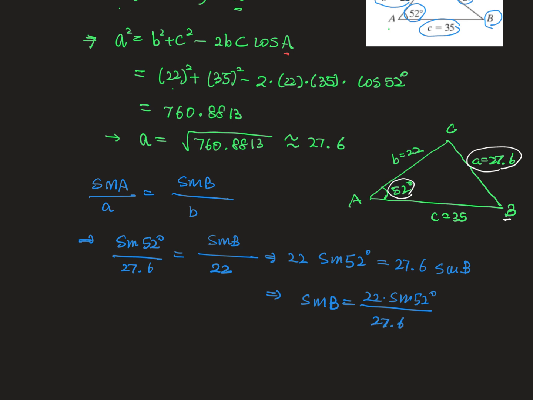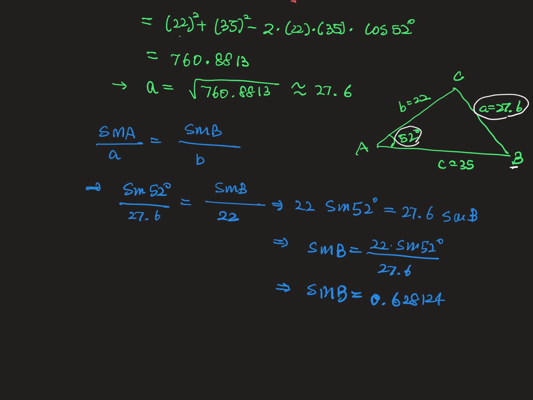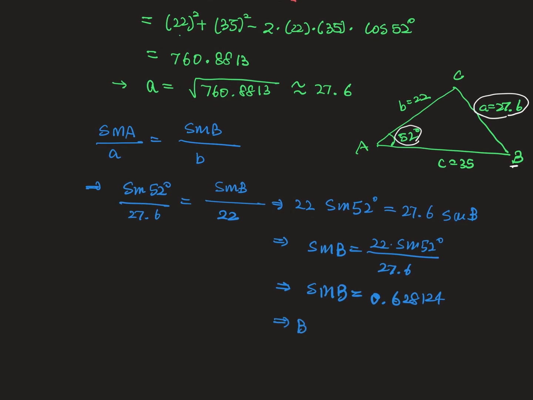Calculating this, sine B is 0.62812. Angle B is inverse sine of 0.62812, which is approximately 38.9 degrees. So you found angle B.